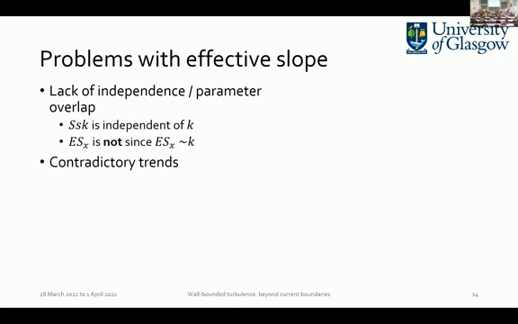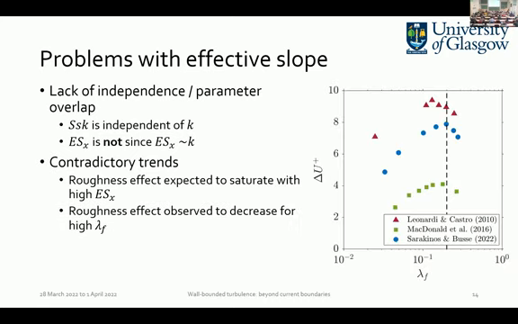And then the other thing is there are also some contradictory trends. So the roughness effect, as we discussed, is expected to saturate with high streamwise effective slope. However, we see also studies where the frontal solidity was varied. These are just some examples from numerical studies using DNS by Leonardi and Castro, MacDonald et al., and also one of our studies.